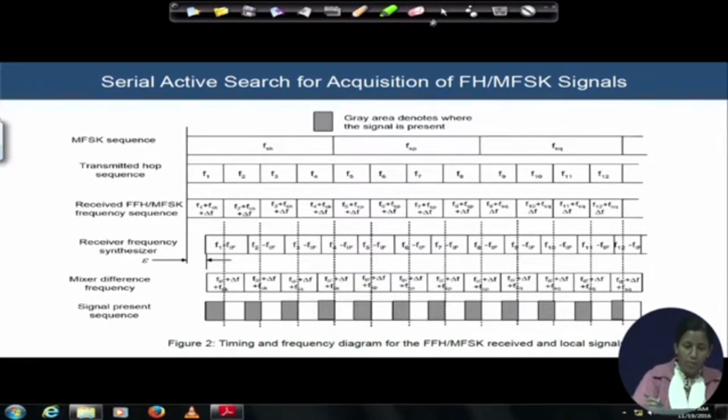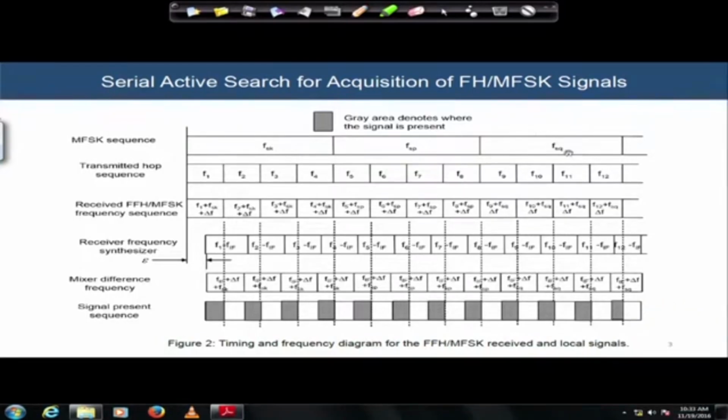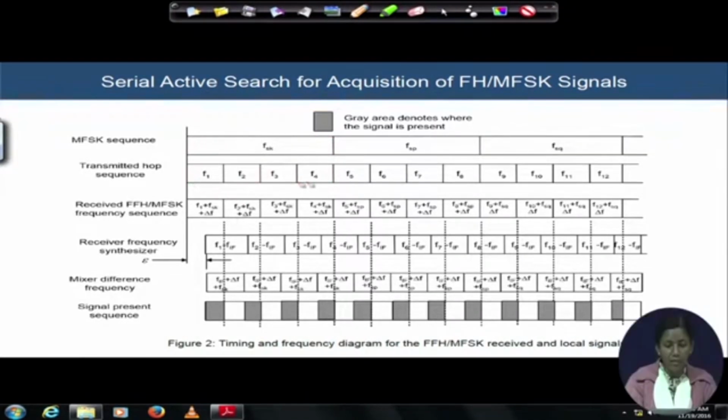What we found is that this was an MFSK sequence, and these are the frequencies of each symbol coming, and the transmitted hop sequence was given by F1 to F4. So within the duration of one MFSK symbol, you have 4 hopping frequencies. So the hop frequency is 4 times higher than the symbol frequency.